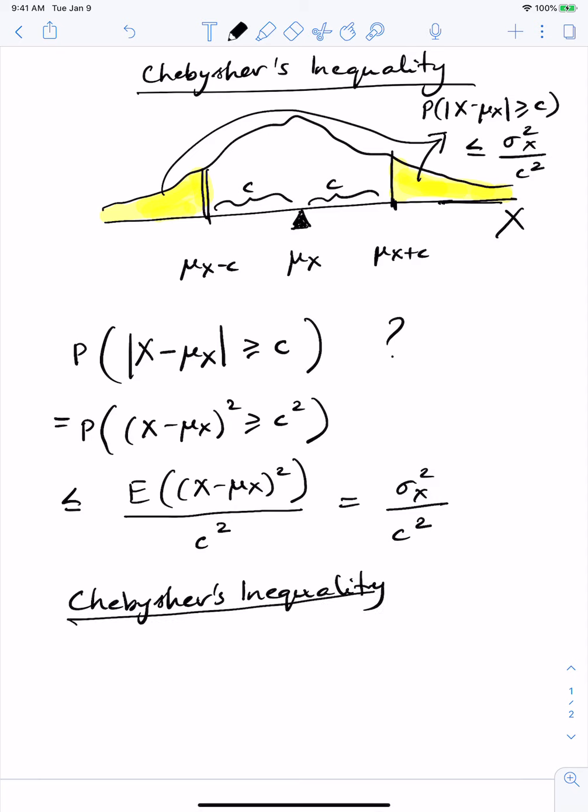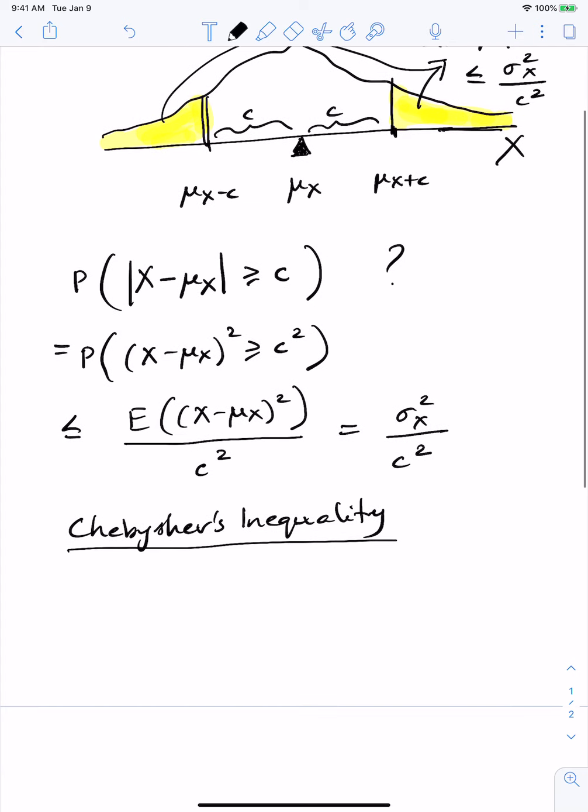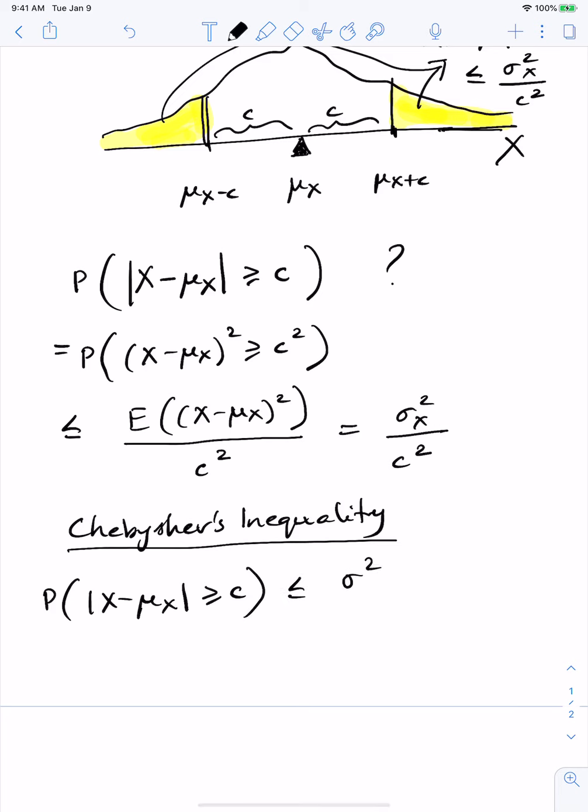So you have a random variable X. I have no conditions on X other than, of course, there's a mean and a variance. Then if you look at the total probability in the two tails that start at a distance c on either side of the mean, that is at most the variance of X relative to c squared.